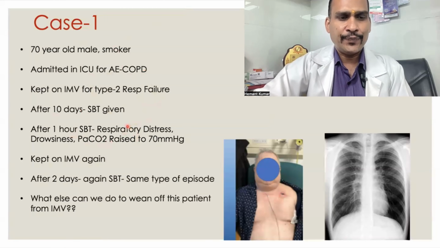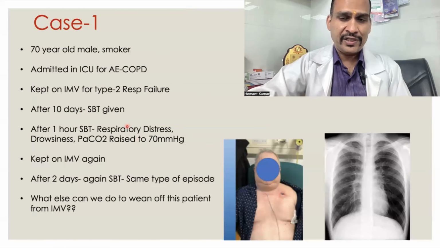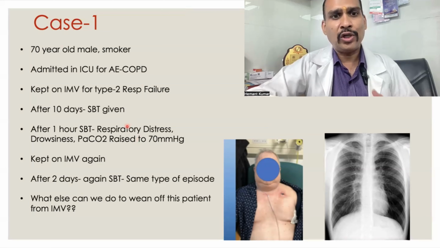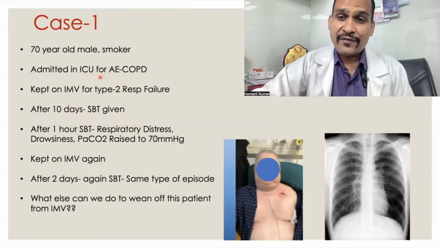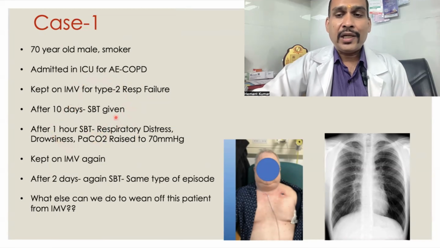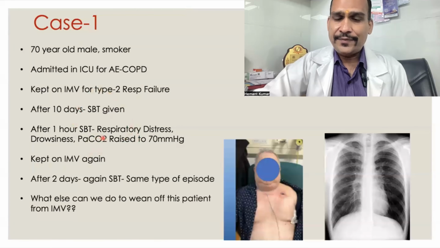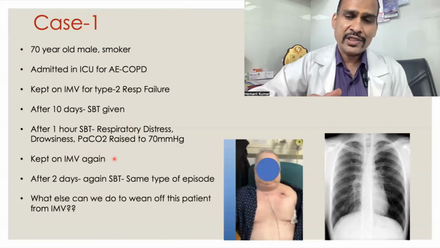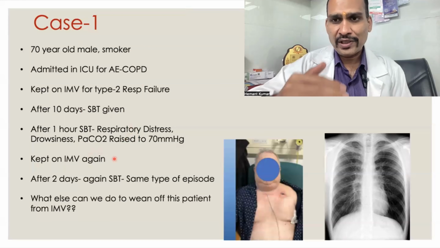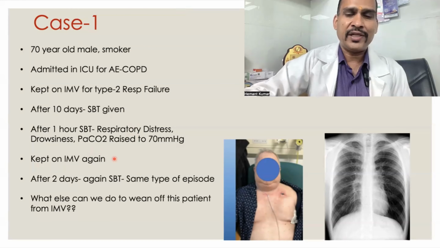After 10 days, when the patient was stable, able to follow commands and able to protect the airway, a spontaneous breathing trial was given. But after 1 hour of SBT, the patient developed respiratory distress, was drowsy, and his PCO2 rose to 70 mmHg. So the patient was going again into type 2 respiratory failure.